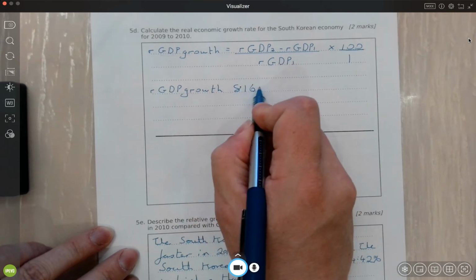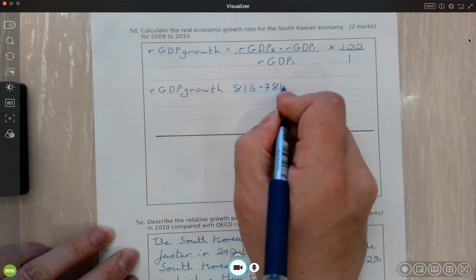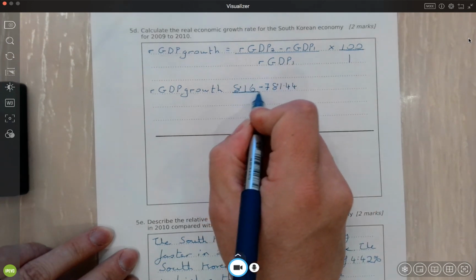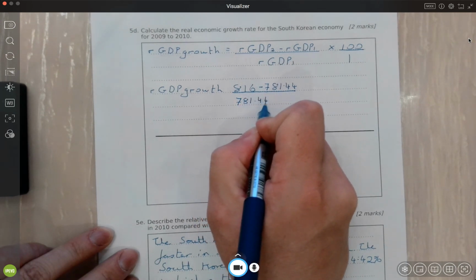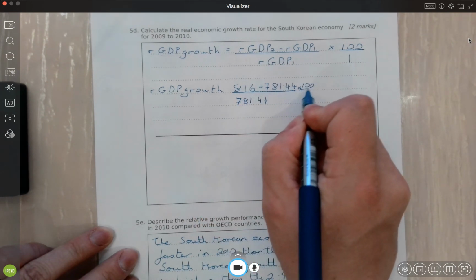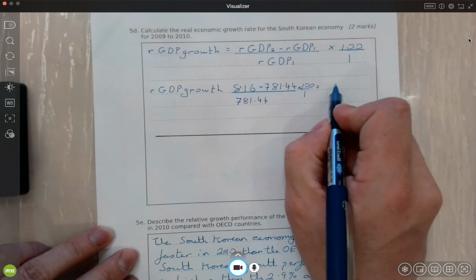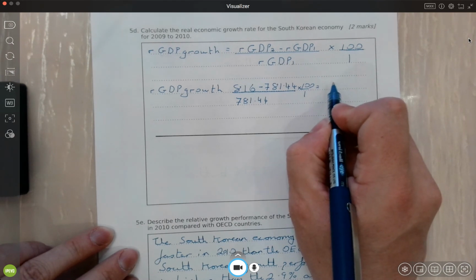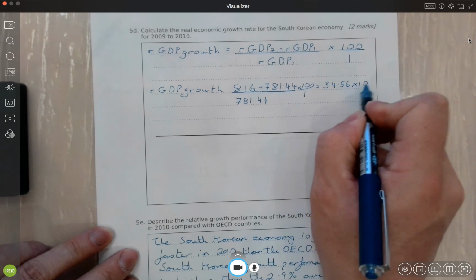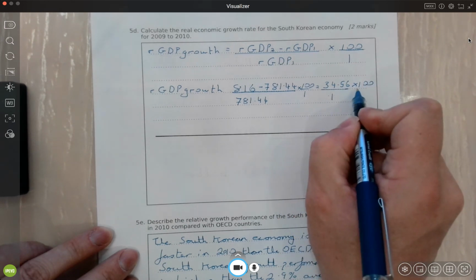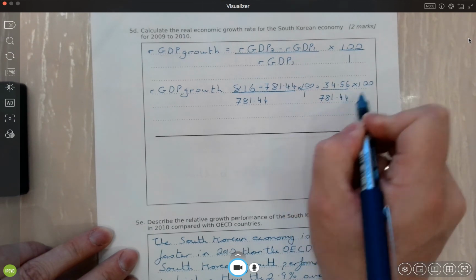Okay, so what we've got here is 816 minus, and I'm going to write small now, 781.44. Those are the answers to the previous questions. Over 781.44 multiplied by 100 over 1. I have a sneaking suspicion I'm going to run out of space here. Okay, and that equals 34.56 multiplied by 100 over 1 over 781.44, and that's over 1.